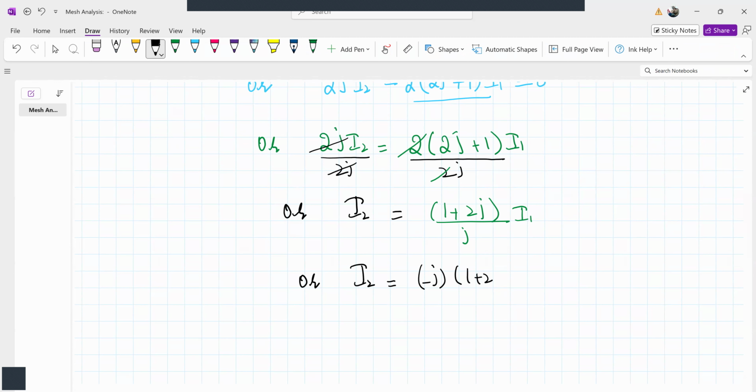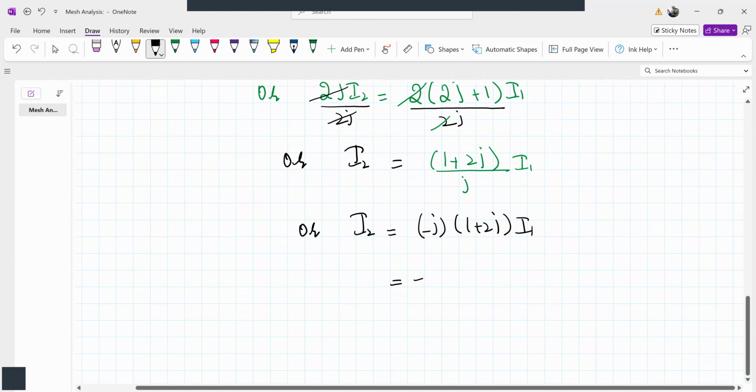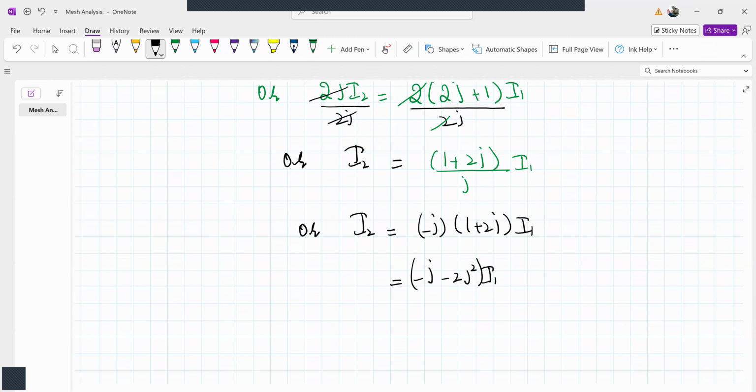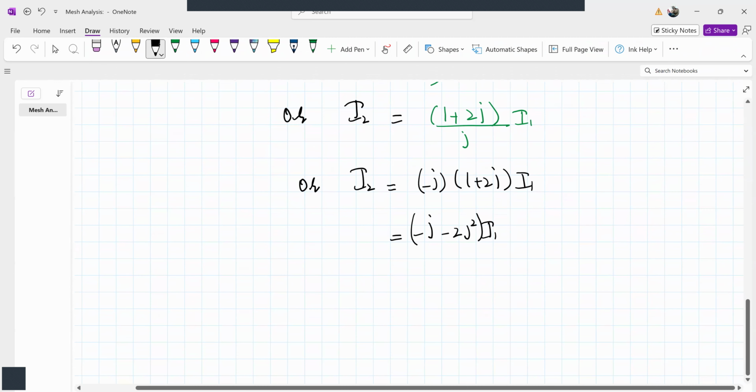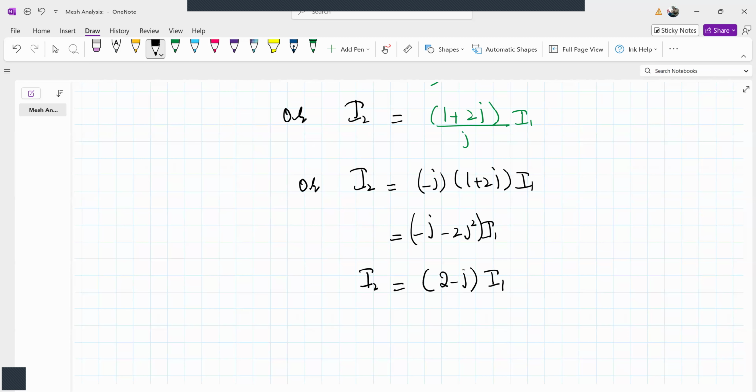Multiplying by minus j, we are left with minus j minus 2j square I1. Okay, j square is minus 1, so this will be 2 minus j I1. So I2 is this. This is our equation 2.